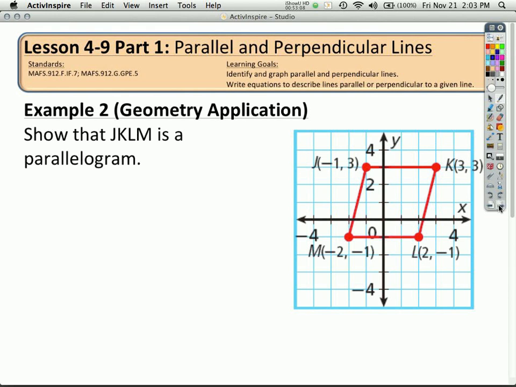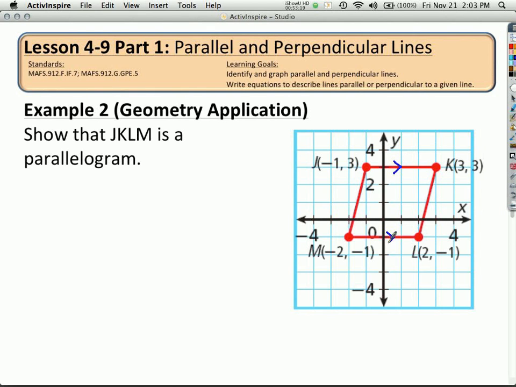So for those of you who don't know what a parallelogram is, a parallelogram has two separate sets of parallel sides. A parallelogram means that this is parallel to this, and this is parallel to this. So if it's a parallelogram, in this case, the top and the bottom will be parallel, and the left and the right will be parallel. So we need to check to see if their slopes match up.